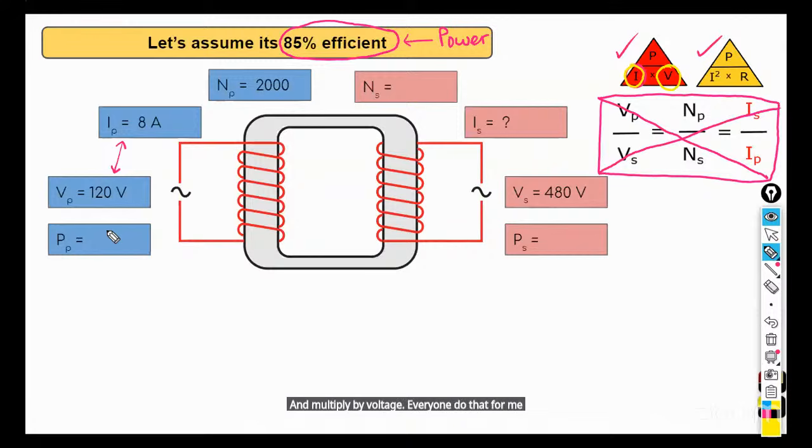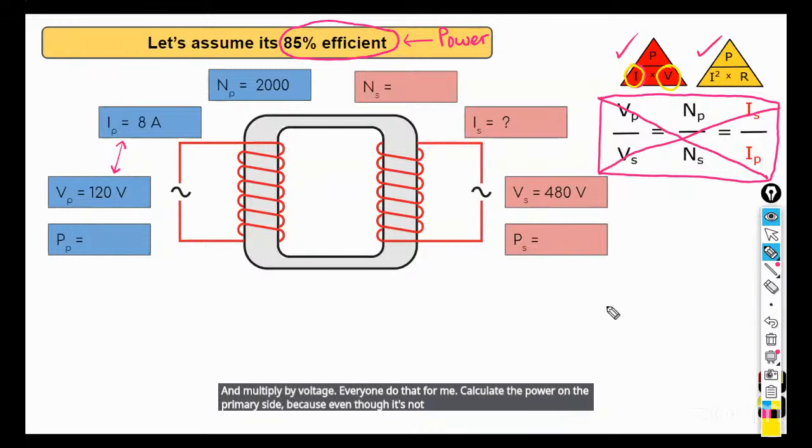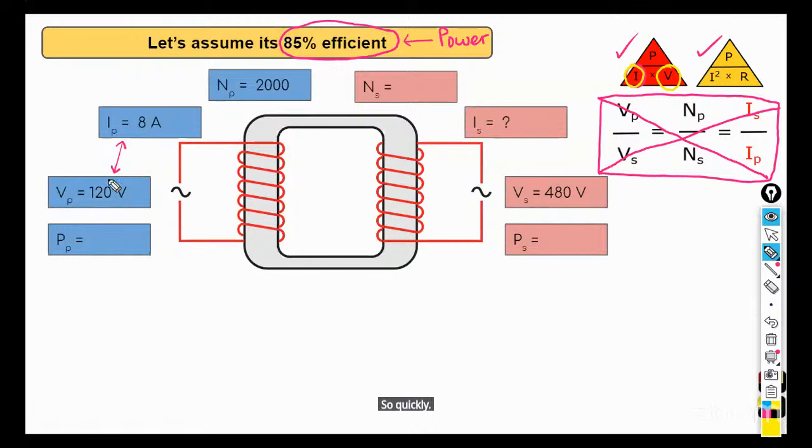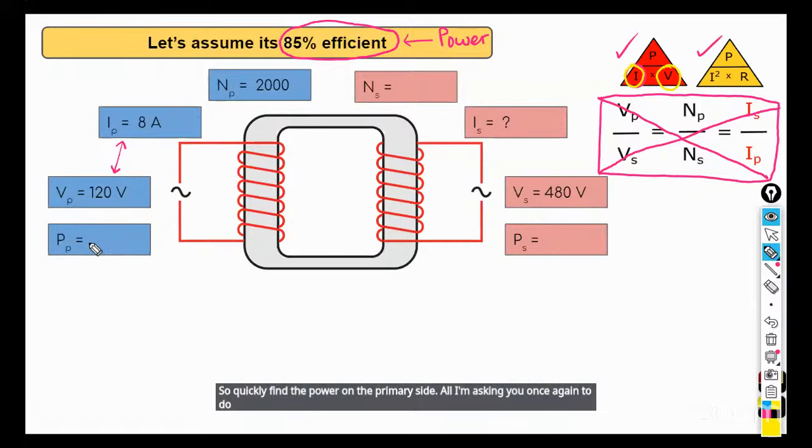Calculate the power on the primary side, because even though it's not perfect, it's 85% efficient, you're still allowed to use the red and yellow formulas. It's still valid. So quickly find the power on the primary side. All I'm asking you once again to do is take the current and multiply by the voltage on the primary side. Send it on the chat. Easy stuff.